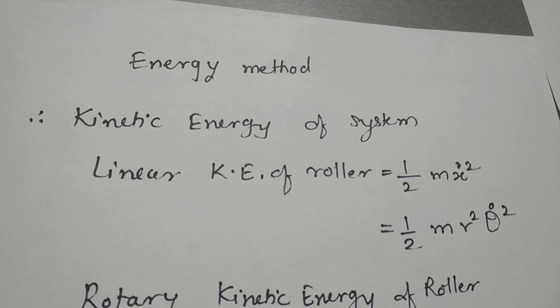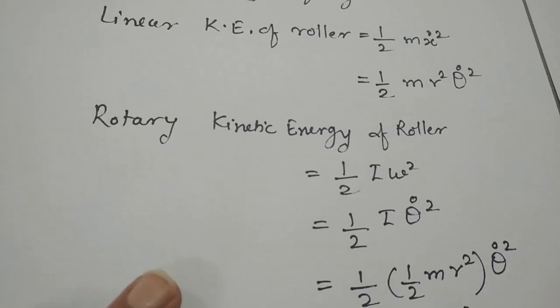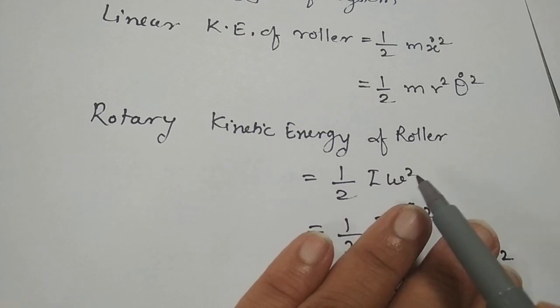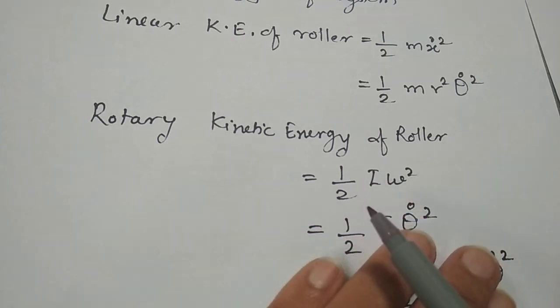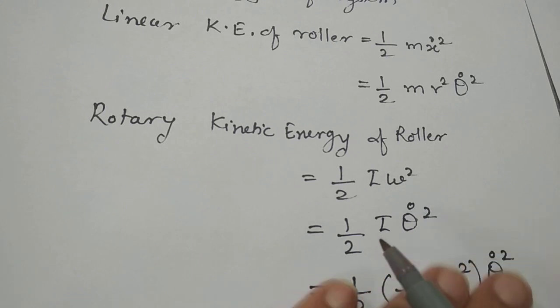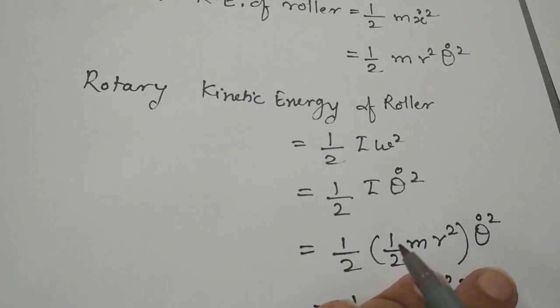The rotary kinetic energy of the roller can be written as 1/2 I omega square, where omega is the angular velocity, so 1/2 I theta dot square. We know that for a roller I is equal to 1/2 m r square.